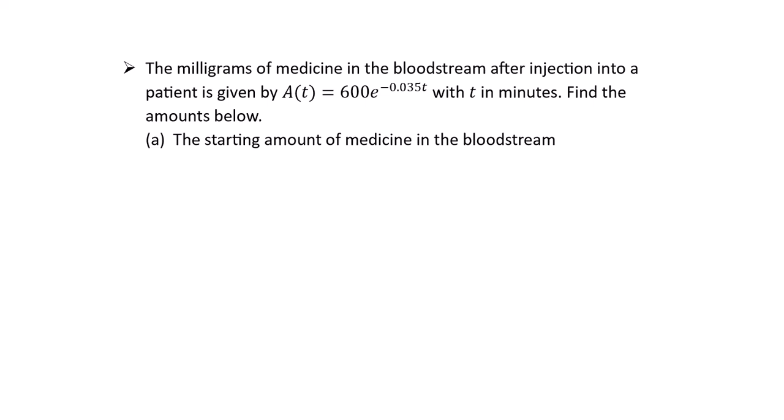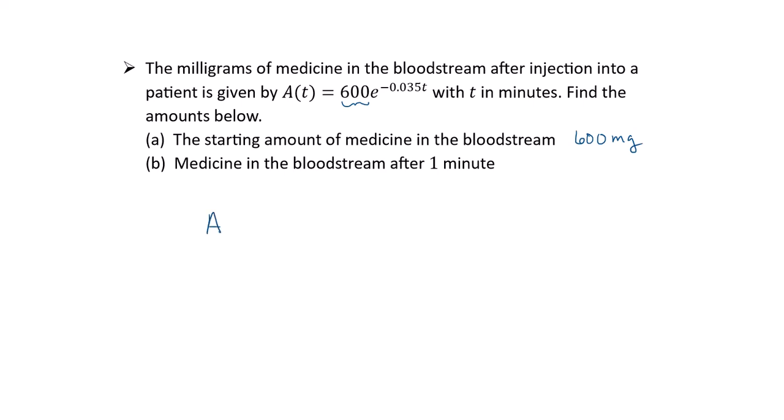Find the amounts below. The starting amount of medicine in the bloodstream, we know that is A sub O, and A sub O here is 600 milligrams.